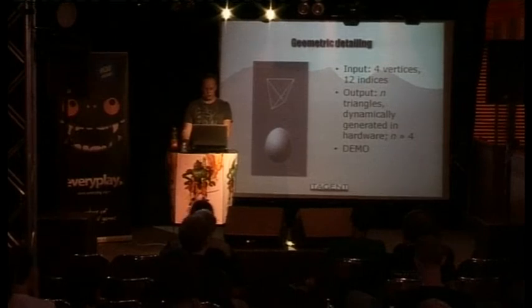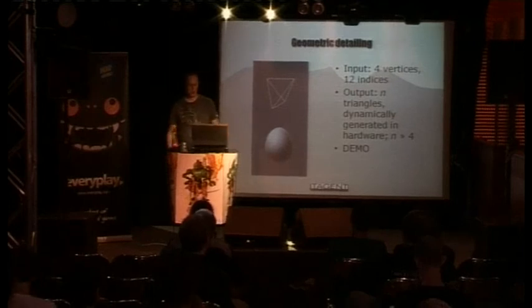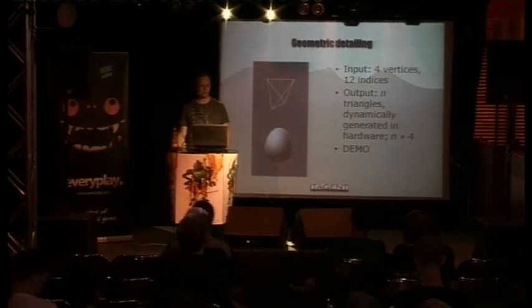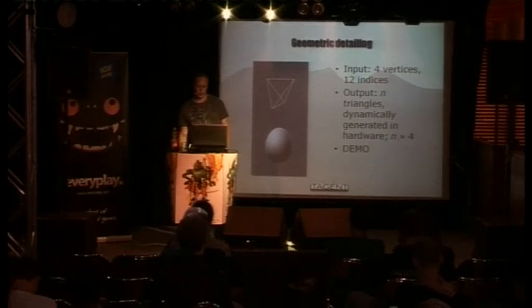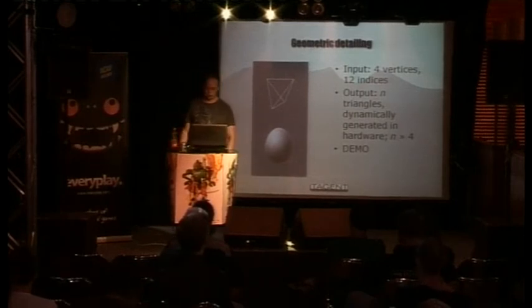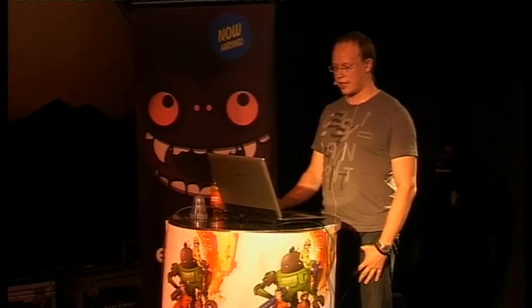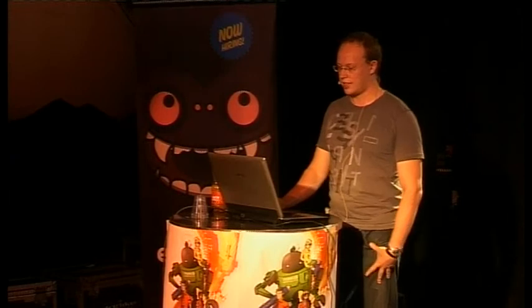Then the tessellator runs, and it generates new triangles or lines based on the instruction from the Hull shader. And it doesn't look at the control points at that point, but it just uses the edge tessellation and inside tessellation factors.